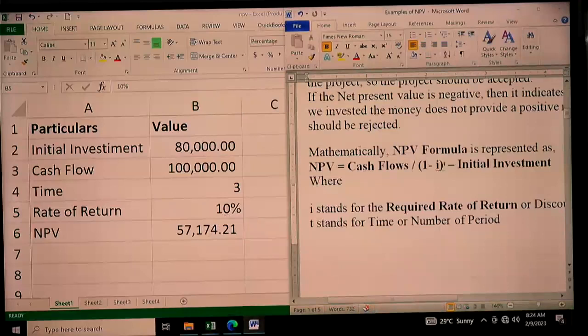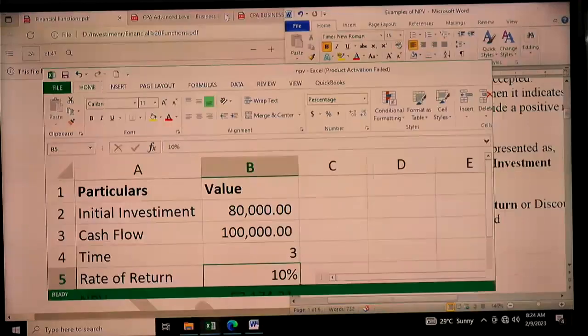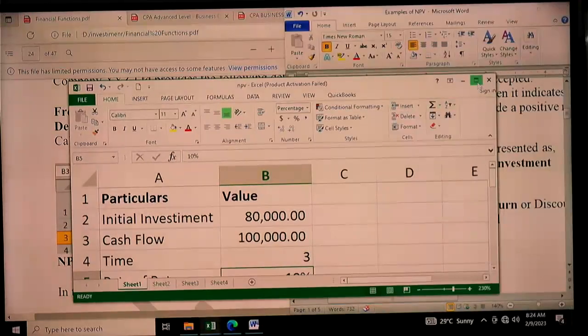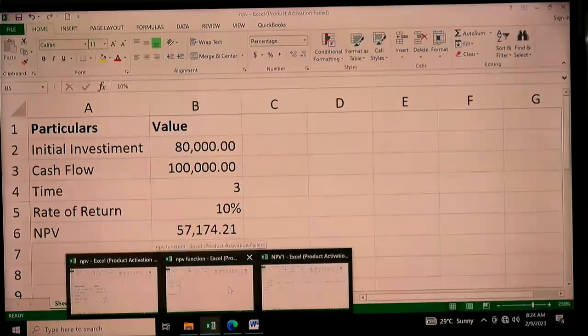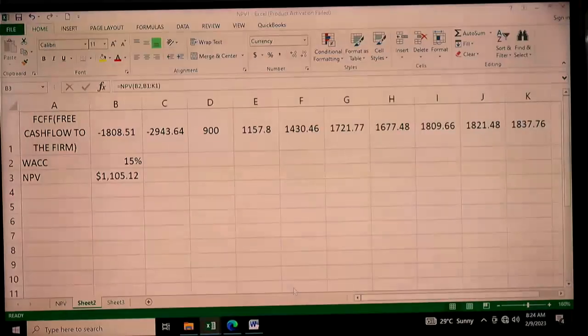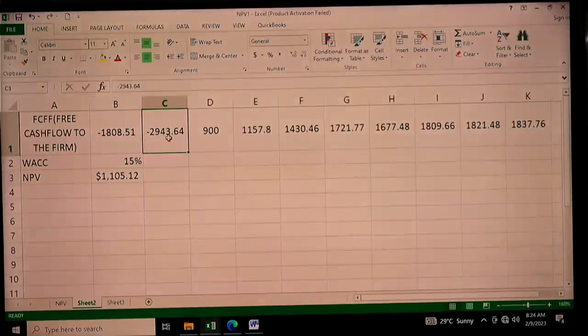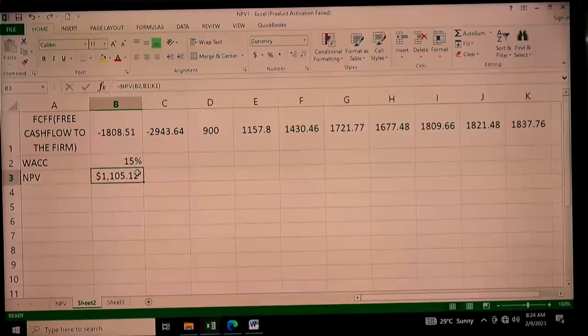So the next discussion, again, we have seen how you compute this net present value if you are given a series of payments. And in most cases, the series of payments will be provided sometimes by the examiner. So here, you just need to insert the function and compute that series of payments.